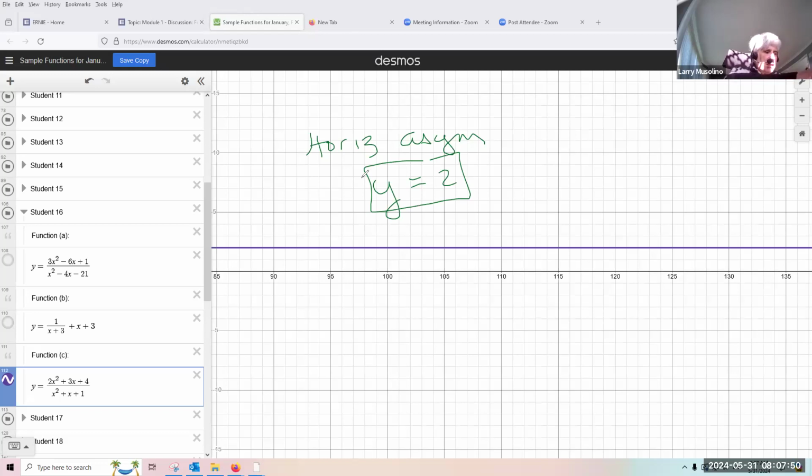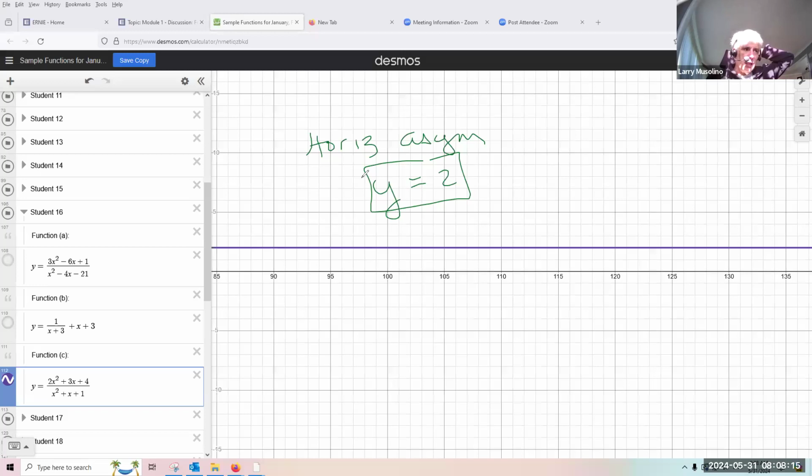Okay, so the idea for this discussion board is to use the graphs here in Desmos to come up with estimates for these 4 questions. The 4 questions are, what's the domain? That's the horizontal span of the graph. What's the range? That's the vertical span. What are any vertical asymptotes? Those are vertical lines that the graph gets closer and closer to but doesn't reach.